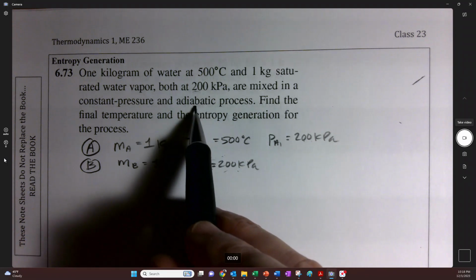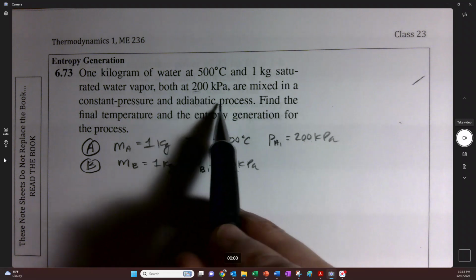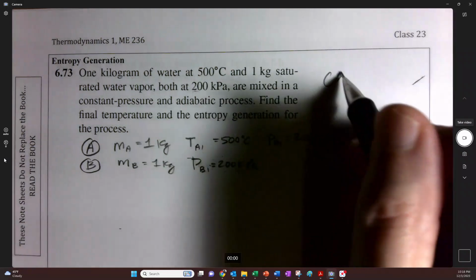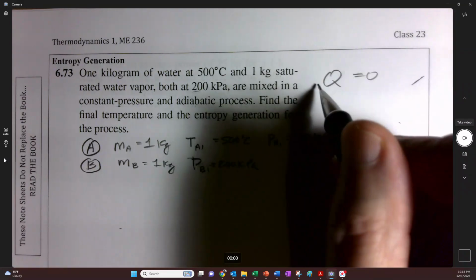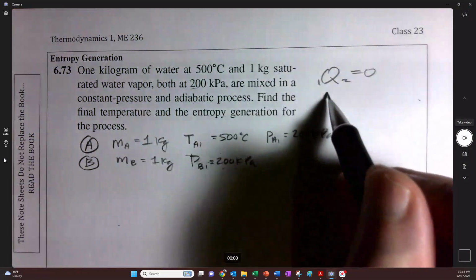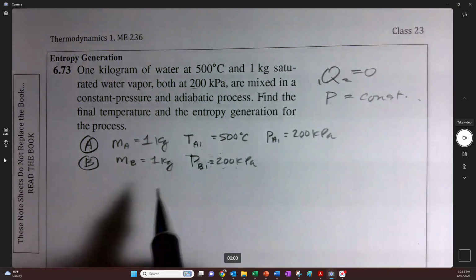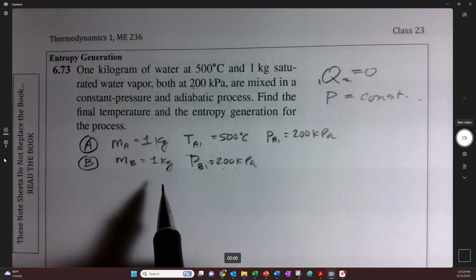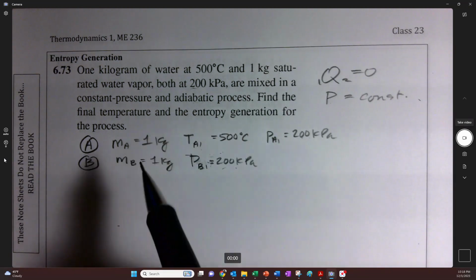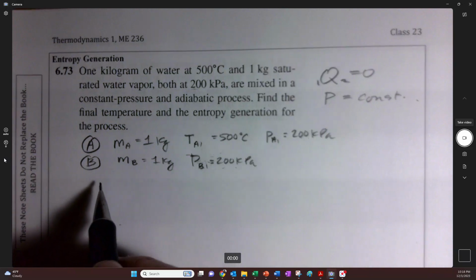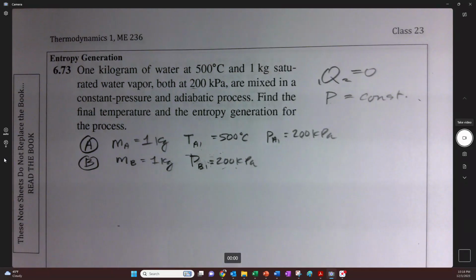That means there's no heat, so Q is equal to 0 during this process, and P is constant. So we've set up a scenario where we have adiabatic but not isentropic. So let's look up these properties. That's the first thing, just to get this out of the way.